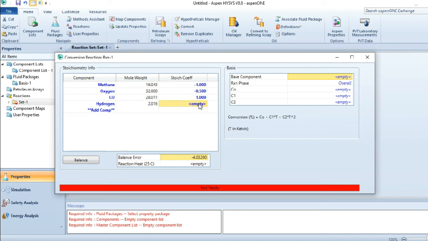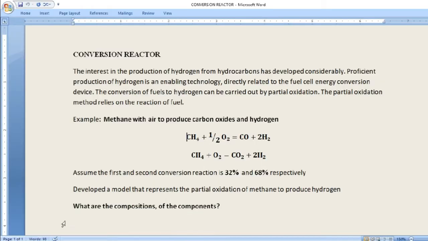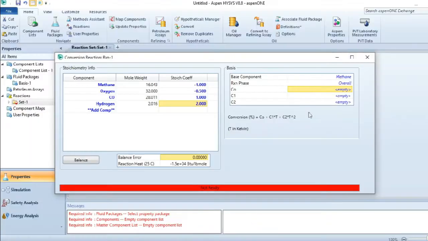So the equation balances. For the conversion of the first reaction I have 32%, so I have to insert my 32%.